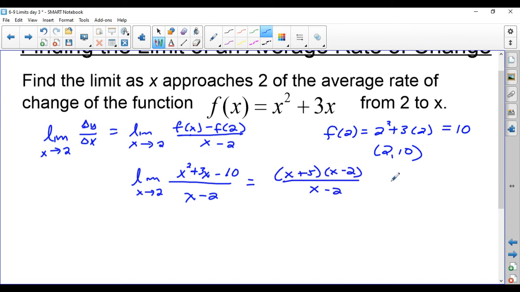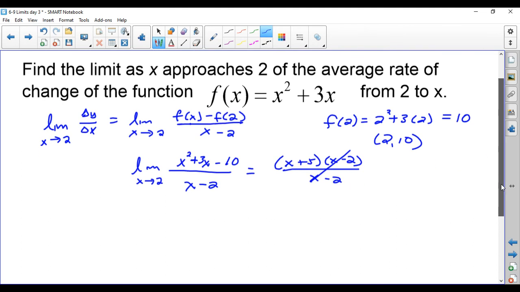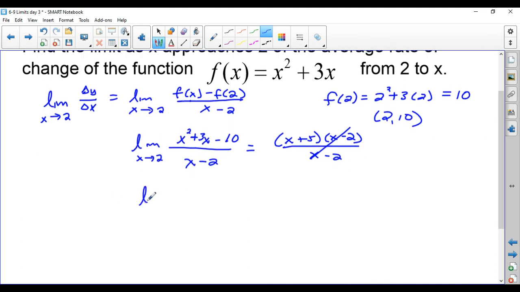So the rule on the previous page said if you wanted to find the limit as x approaches a value and it's undefined at that c, you can simplify and then use the simplified form to plug into. So I'm going to find the limit as x approaches 2 of this simplified function, which is equal to what I get when I plug 2 into that simplified function.